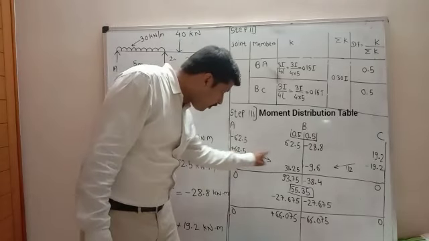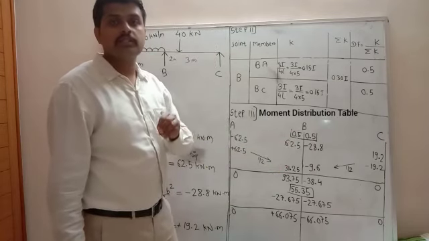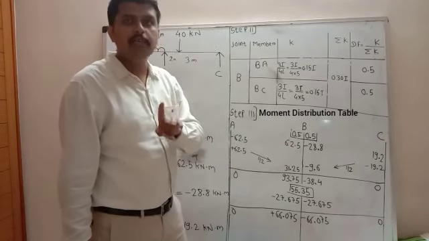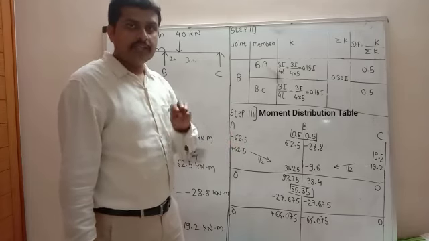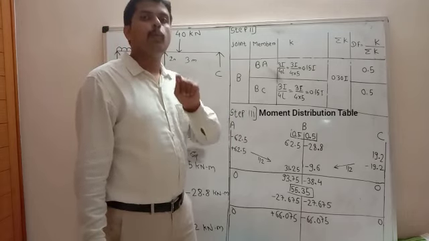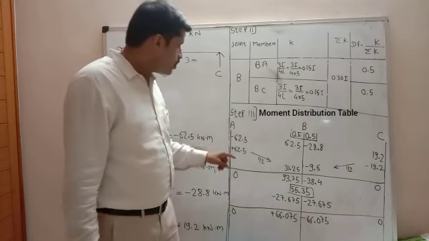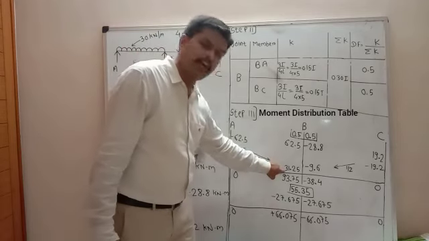Now what? Transfer half of the moment to joint B, because we are considering the intermediate joint as fixed support. Hence, the carryover factor for fixed support will be 1 by 2, that is half. So transfer half of this value to this joint.